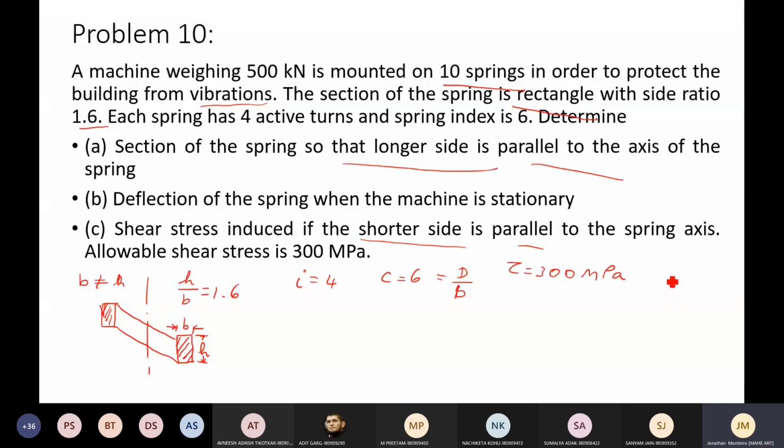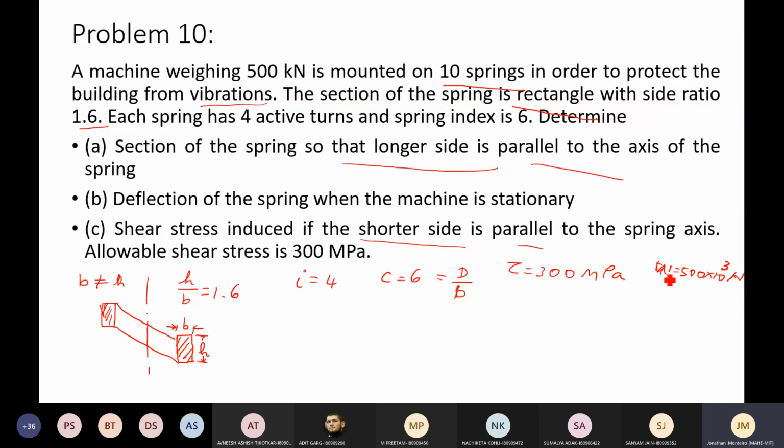The machine weighing 500 kilonewton, so I can say W is 500 kilonewton. I'm purposely writing W so that confusion is avoided later when you write in the formula.